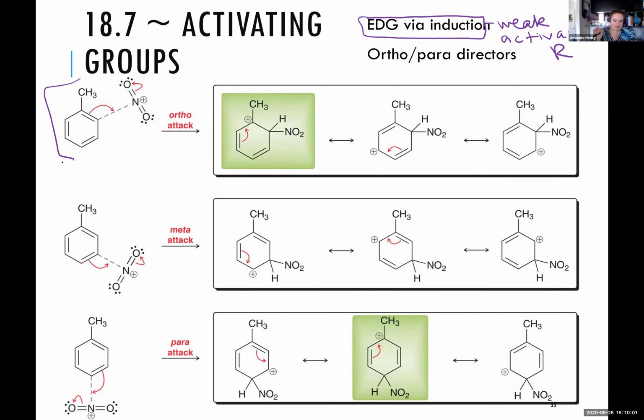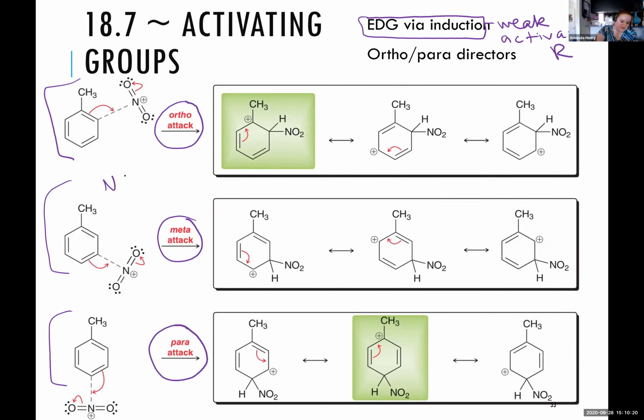All three of these are showing the same thing, but at different locations. So in the first one, we're adding that nitro group ortho to the methyl. The next one's meta, and then para. So the first one for all of them, what we're looking at is that nucleophilic attack.